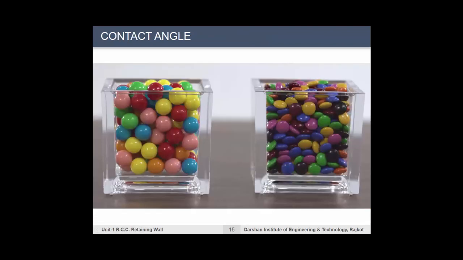The shapes and packing of particles in granular material affect the contact angles between them.